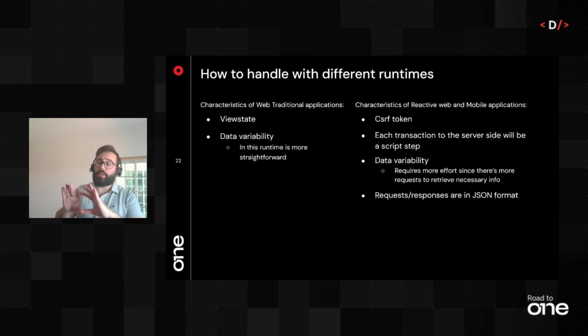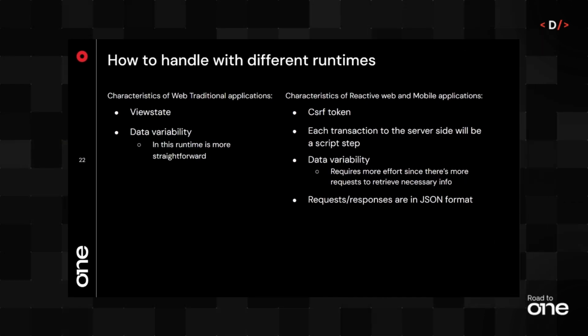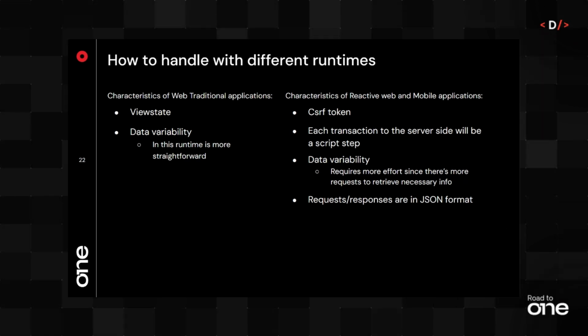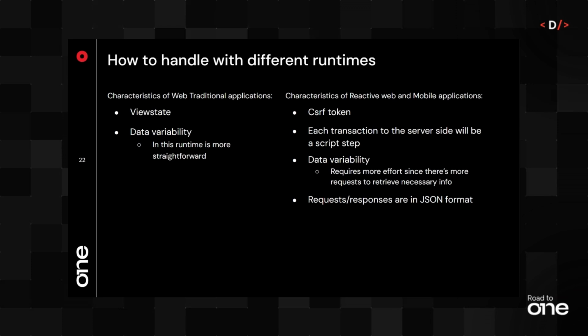And here, very quickly, just a highlight of differences between the different runtimes of the OutSystems platform. For traditional web applications, one thing that is very important to handle in order to properly do a load test is the view state. Upon login, we need to guarantee that we fetch the view state on every request, or almost all of those requests, but at least for the main requests, and propagate it to the next request.